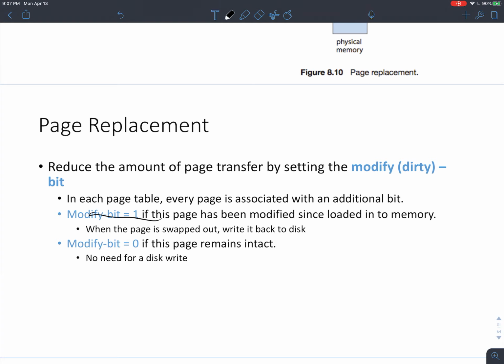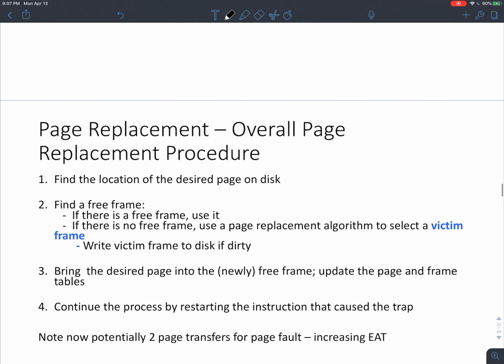So when we want to kick this page out, we definitely need to copy the information from memory to the hard drive in order to let the hard drive have the latest version of the page. Or if its modified bit is 0, it means that this page has not been modified, so there is no need for a disk write. So this saves time.